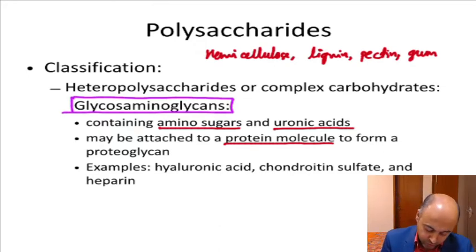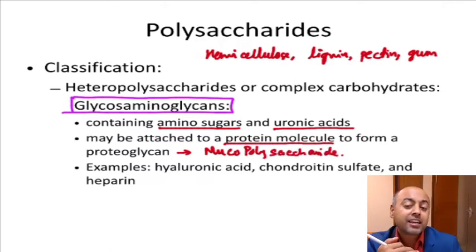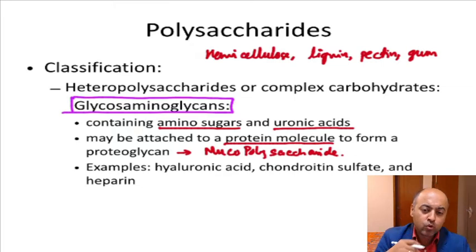Proteoglycan is also known as mucopolysaccharide. So please keep in mind, mucopolysaccharide is not the glycosaminoglycan. Rather, it is the proteoglycan which is called the mucopolysaccharide.